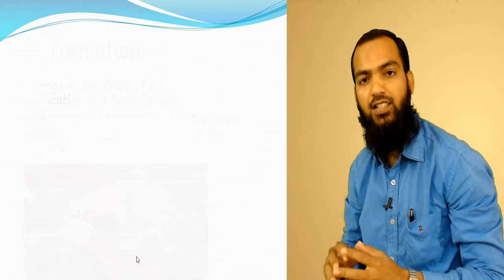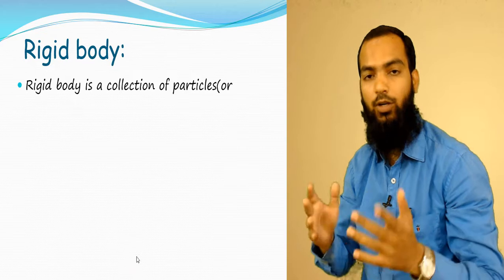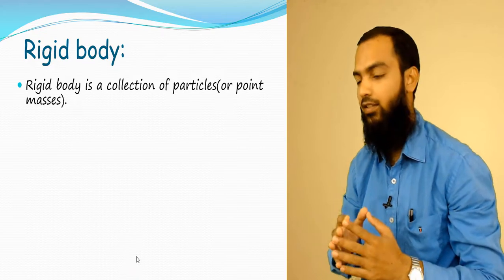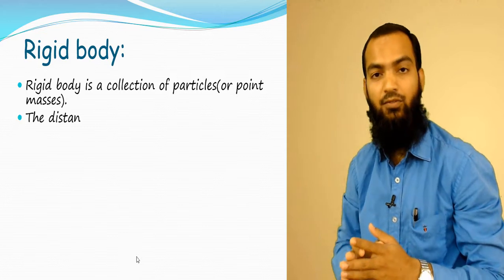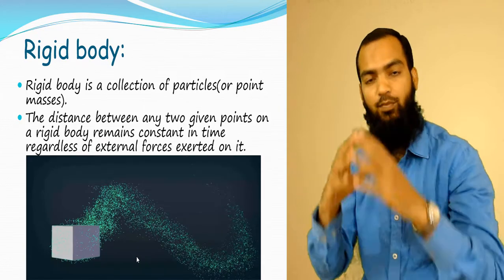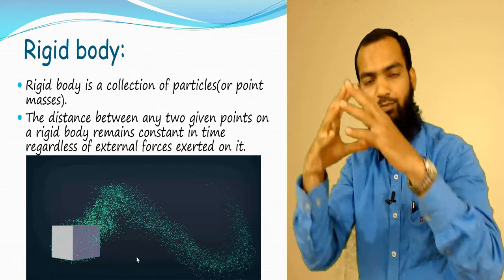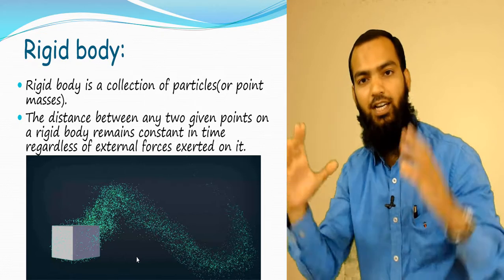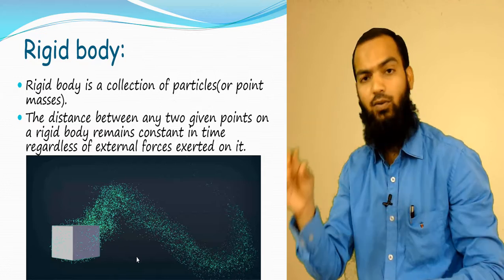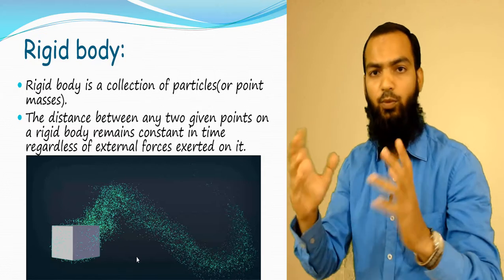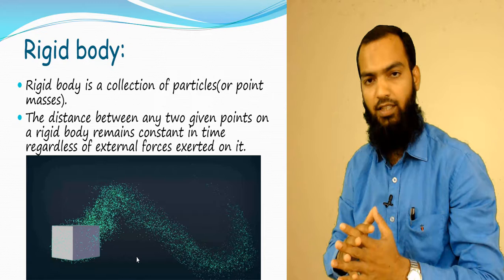A rigid body is the collection of particles or point masses. A particle is just a point, whereas a rigid body is a collection of particles, meaning we are collecting particle dots and making a solid body: circular, square, rectangle, a cubical body, right?